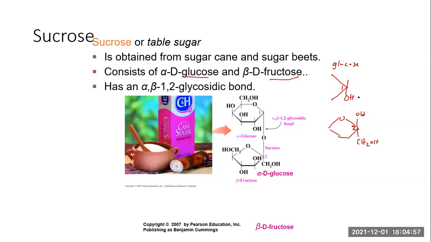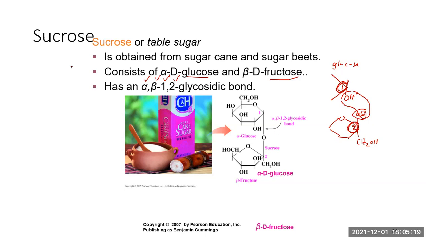So when these come together to remove water, it is between the 1 carbon, which is alpha, hence the alpha and 1 in the bond, coming together with the number 2 carbon of fructose, which is beta, hence the beta and 2 part of the bond.